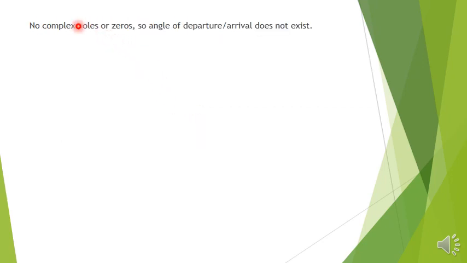Next, there are no complex poles or zeros, because the poles and zeros are real open loop poles. So the angle of departure or arrival does not exist. We have collected all the points: starting points, end points, breakaway points, angle of departure and arrival.